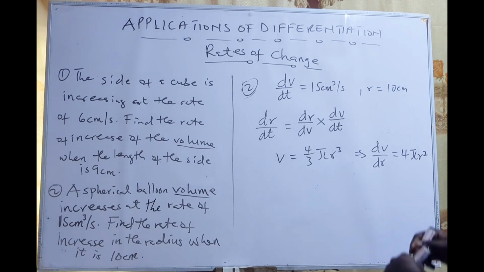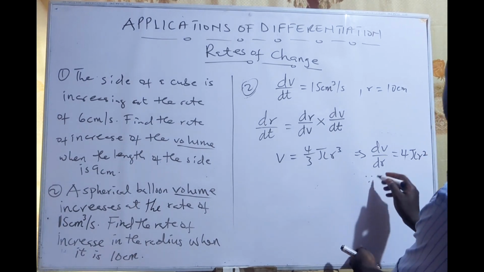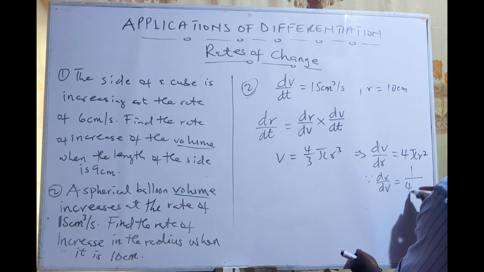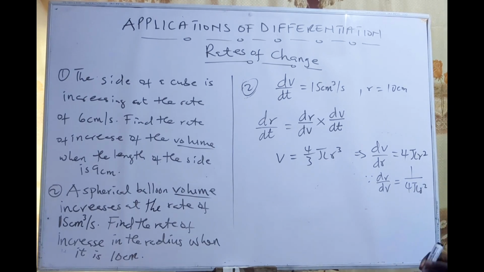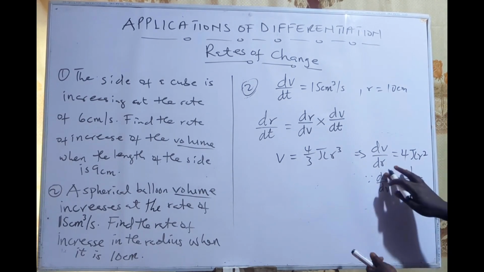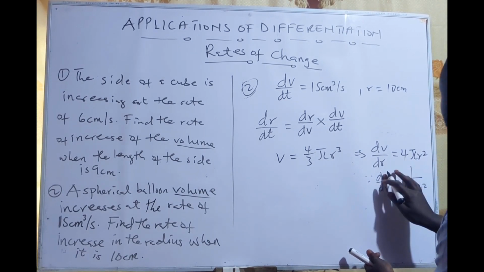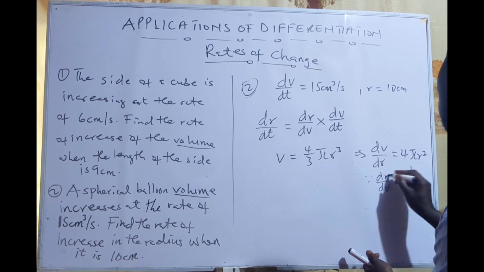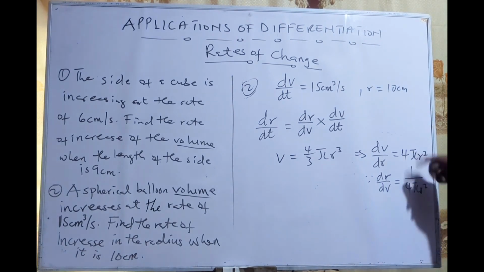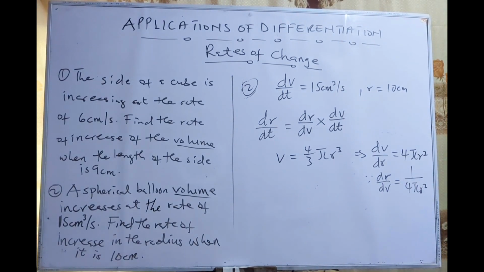So dr/dV will become 1 over 4 pi r squared. So when you reciprocate, you get your dr/dV as 1/(4 pi r squared).